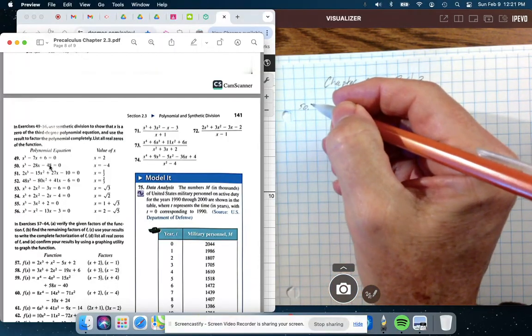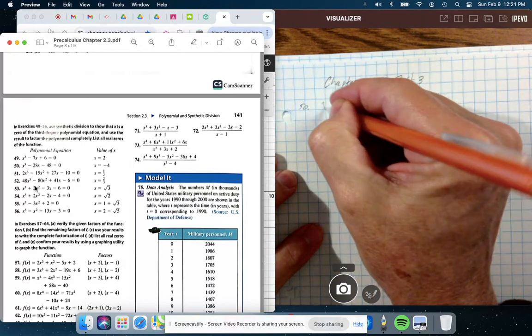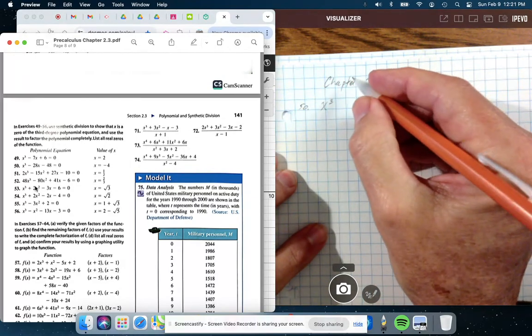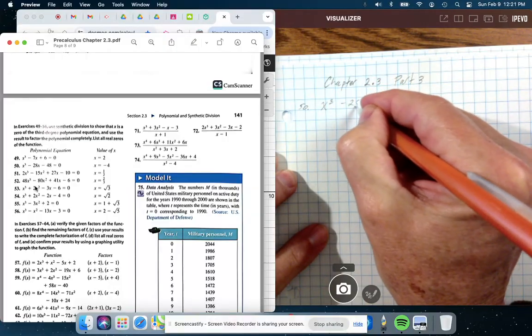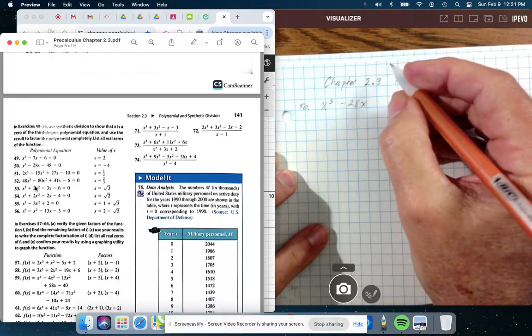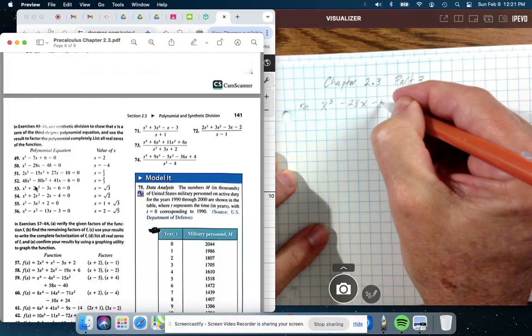So we have x cubed minus 28x minus 48 equals 0.